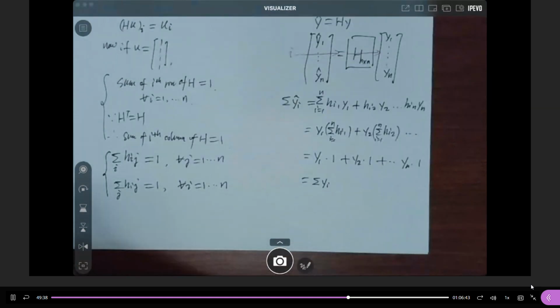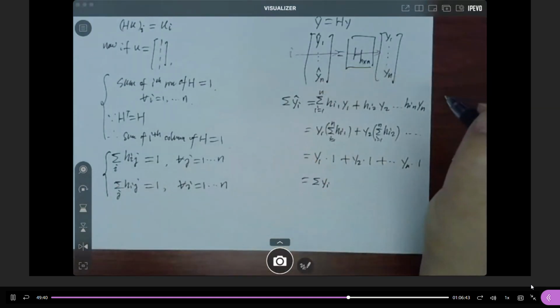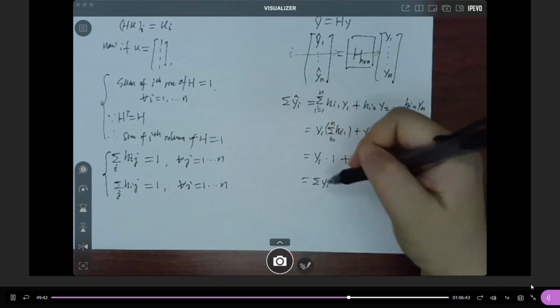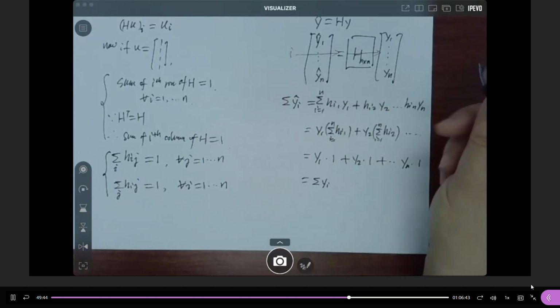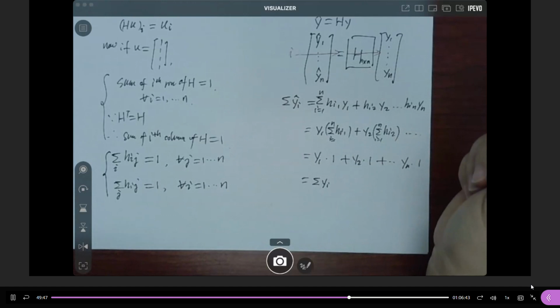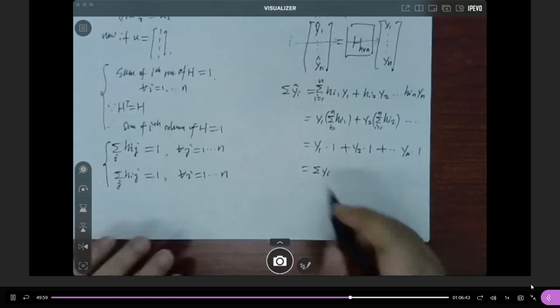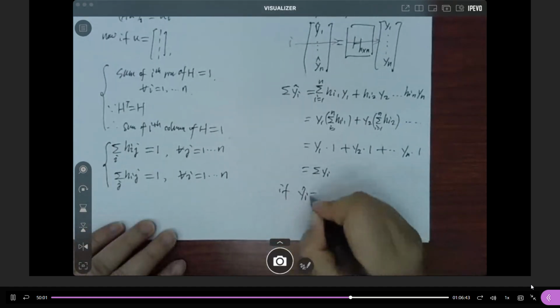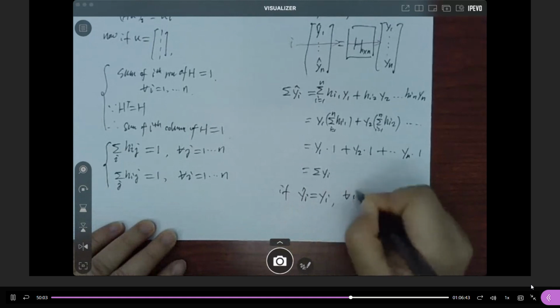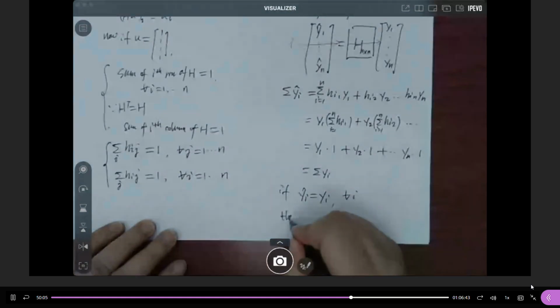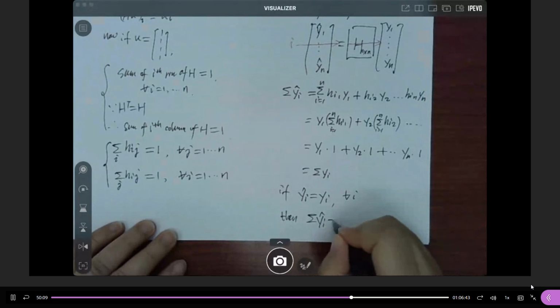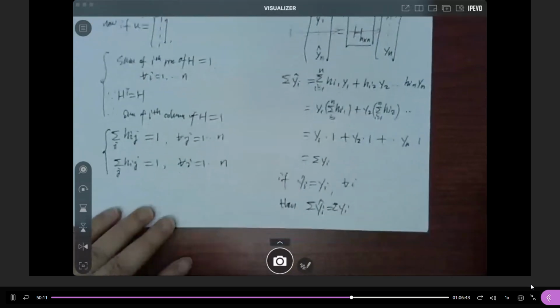Who asked this question? Summation equal doesn't mean each element equal. Summation y hat equal to summation yi doesn't mean every y hat equal to every yi. So if every yi hat equals every yi for all i, certainly summation of yi hat equals summation yi.